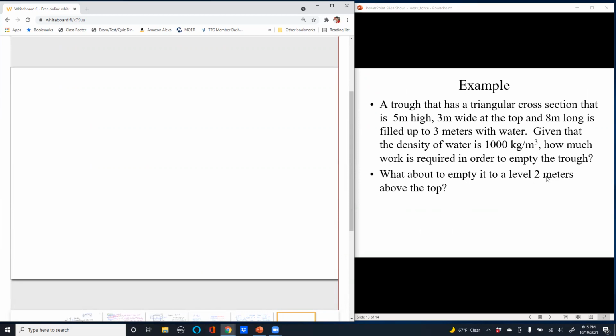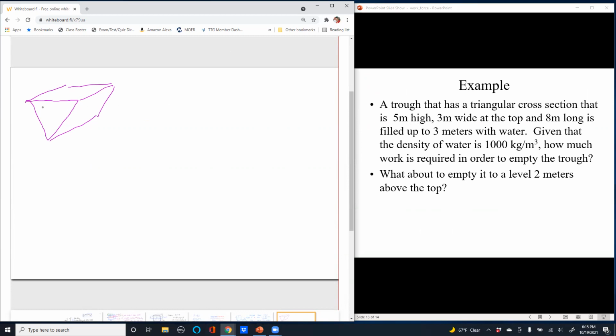And we'll do this. Let's empty it to a level 2 meters above the top. All right, so we got a trough that has a triangular cross section. So what's going on? Here's our trough.